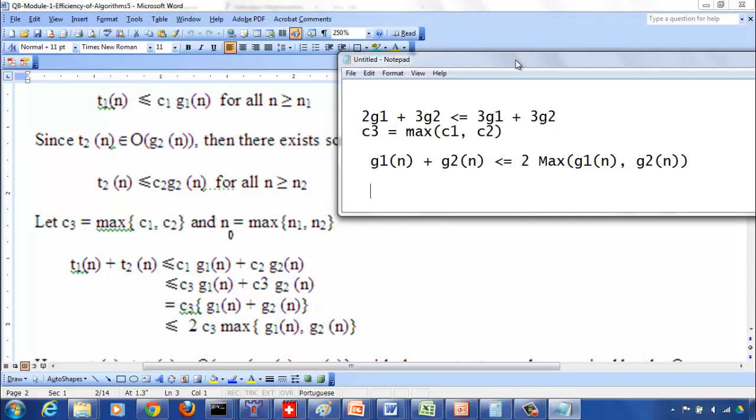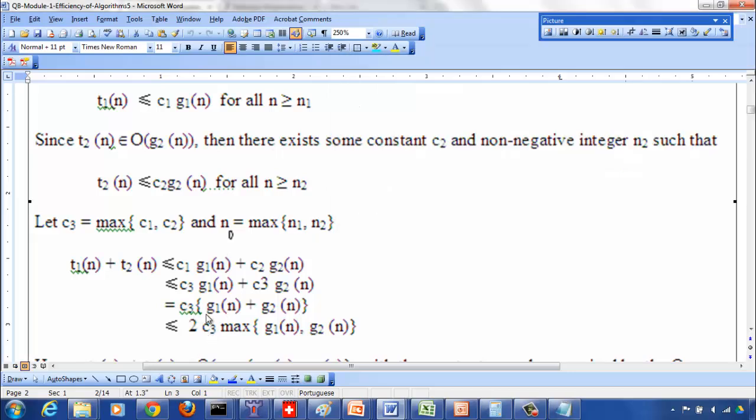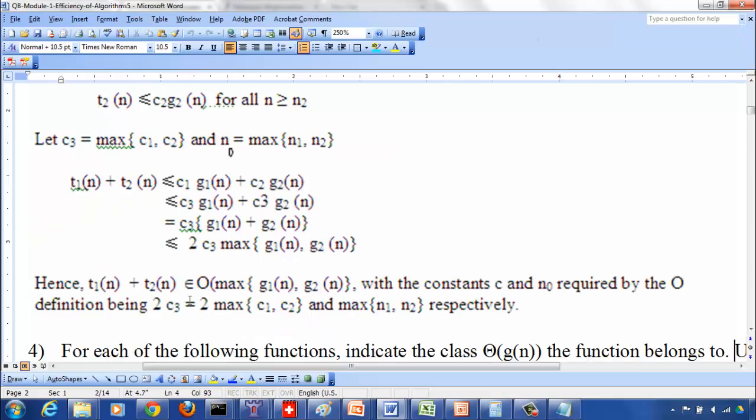Again, if you have 3 and 5 in numbers, 3 plus 5 is less than or equal to twice the maximum of 3 and 5. So g1 of n plus g2 of n is less than or equal to twice the maximum of the two function values. That's what I have done here. I'm going to combine these two c3 into a new constant, and that now looks like the definition.